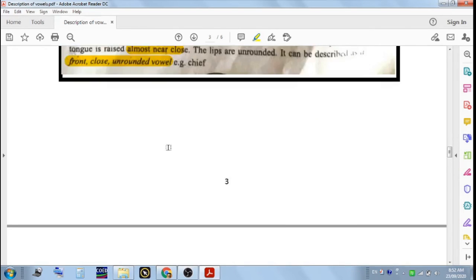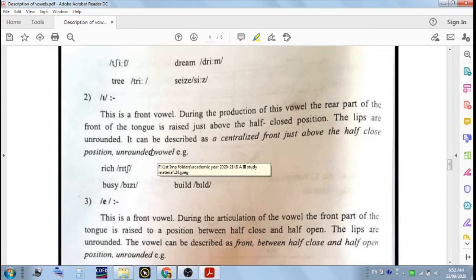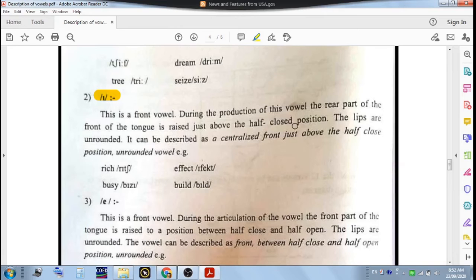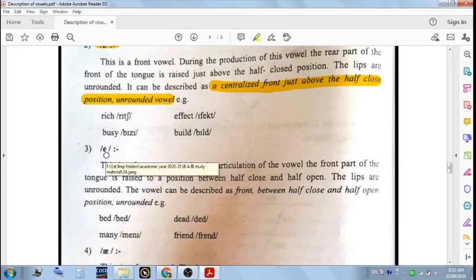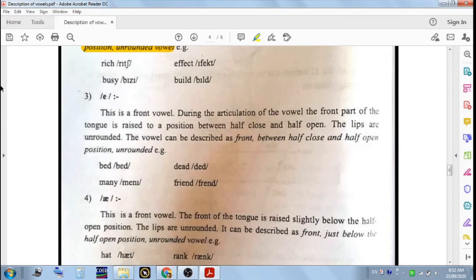So in the same way, in this PDF file, the description of each vowel is given. So the short E is described as a centralized front just above the half close position unrounded vowel, as in the word. E, this is short E. Look at the description: front between half close and half open position unrounded.